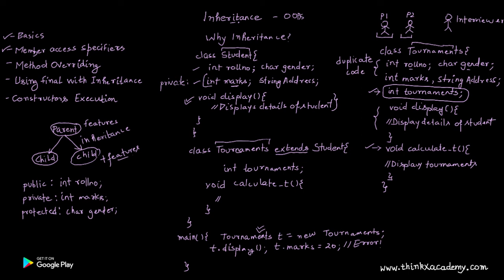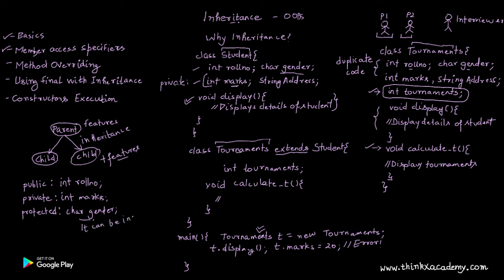So you cannot use the object of this class to access the gender variable, but you can inherit this variable inside the subclasses. That means the tournaments class can make use of this gender variable, but in its own function.